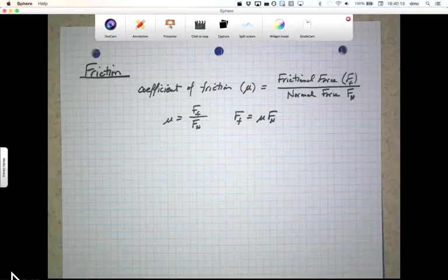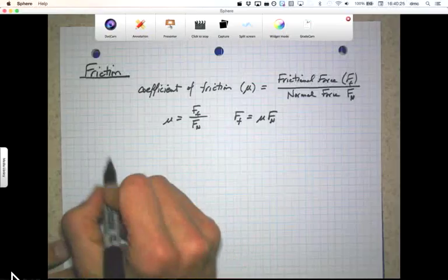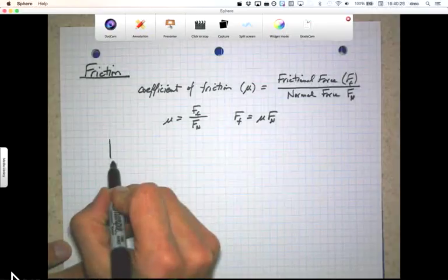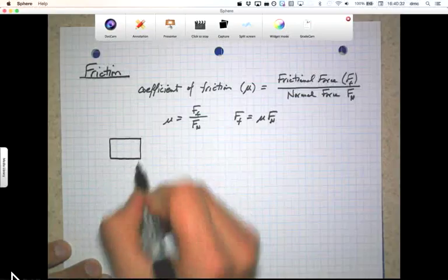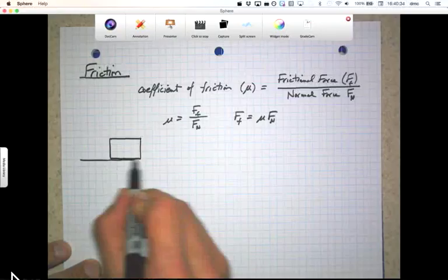You'll notice it takes more force to get it started than to keep it going. When it's not moving, the friction force that's presenting itself is what's known as the static friction force. Once it is moving, then what you're dealing with is the kinetic friction force.